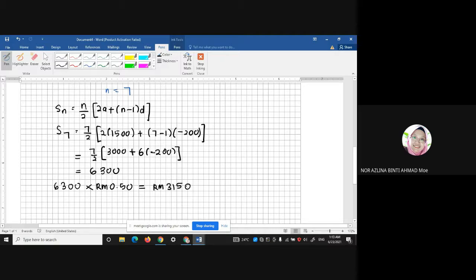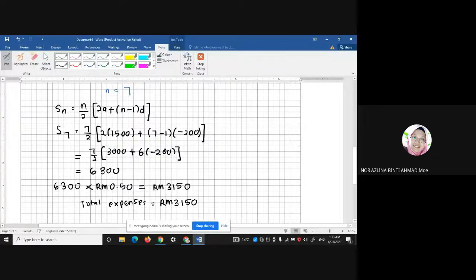So dapatlah jawapan RM 3,150. Untuk 7 hari sahaja perbelanjaan untuk ayam 3,150. So total expenses equal to RM 3150. Okay, saya harap awak boleh faham penerangan saya untuk example 5 sampai example 9.